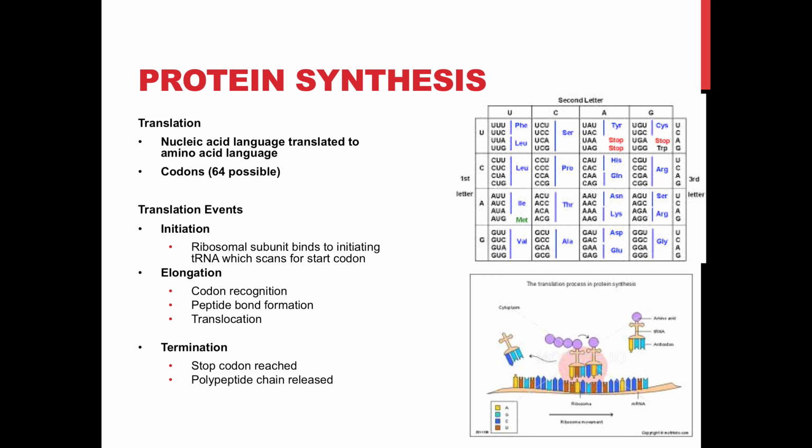Now, because it's binding to a UUU codon, it will be carrying a phenylalanine, a PHE amino acid, with it. Okay? You can see that in this picture, that if we look on the right side, the bottom right picture, you see there's 3 labels on the right-hand side of the image: amino acid, tRNA, and anticodon. Okay?